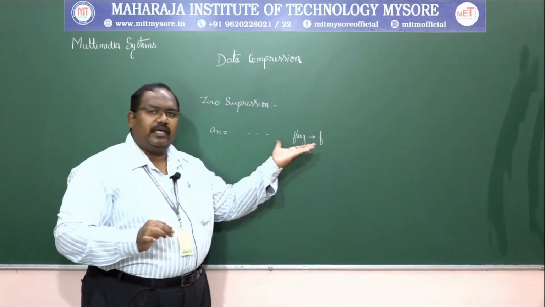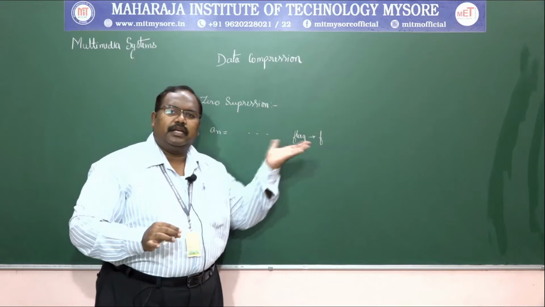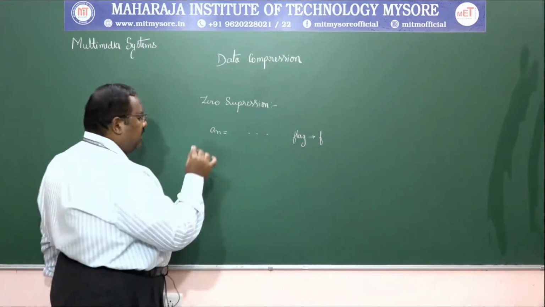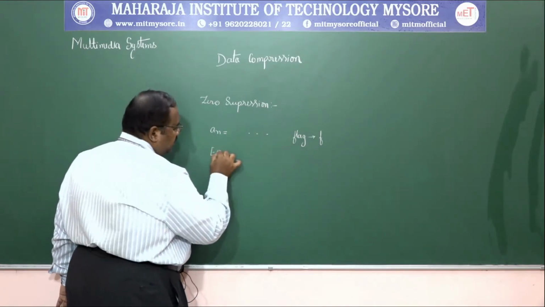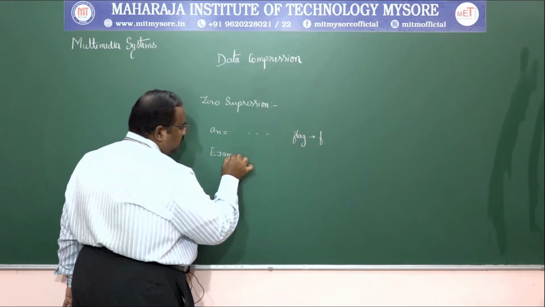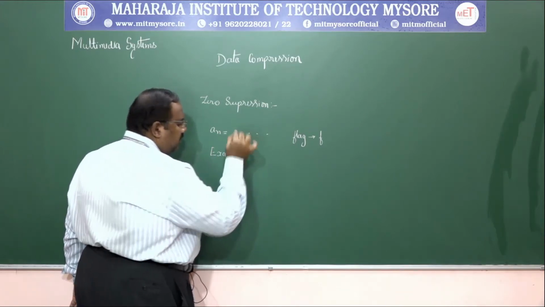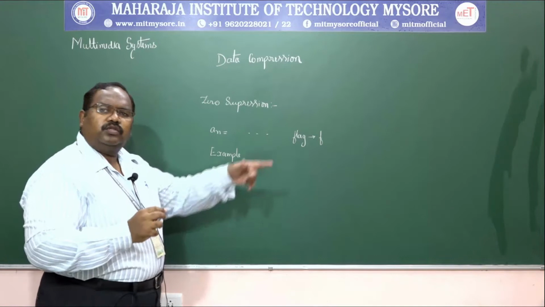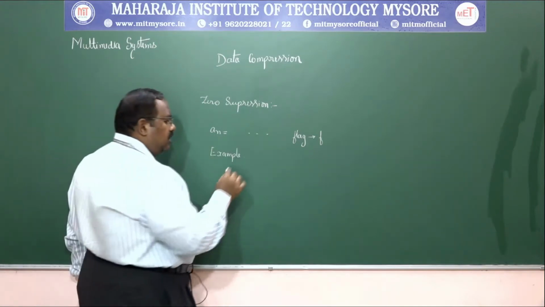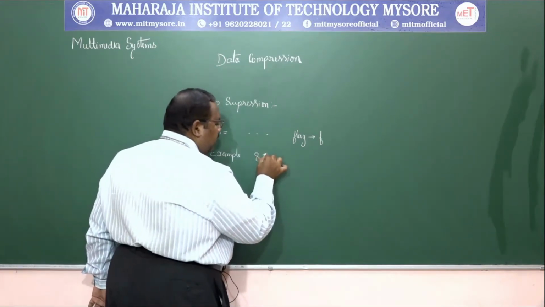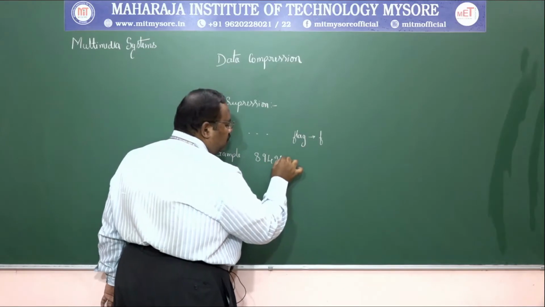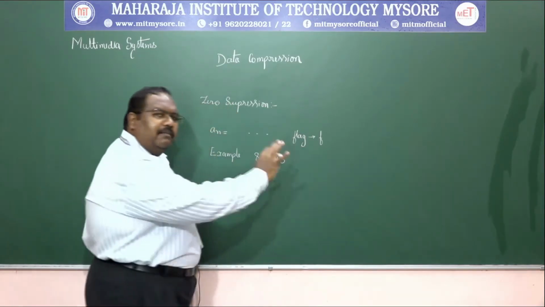So let us take an example and illustrate. Consider an example. Here let us take a huge stream of data bits, 8, 9, 4, 2, 5. Okay, a random number.